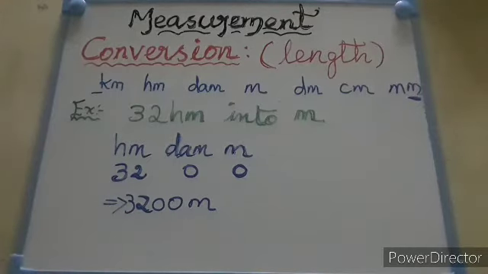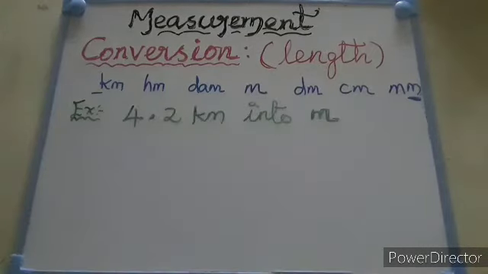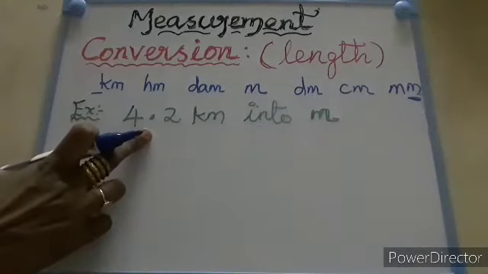Understood? Is it very easy, no? Yes or no? Yes. Children, look at the question. This is a number with a point.